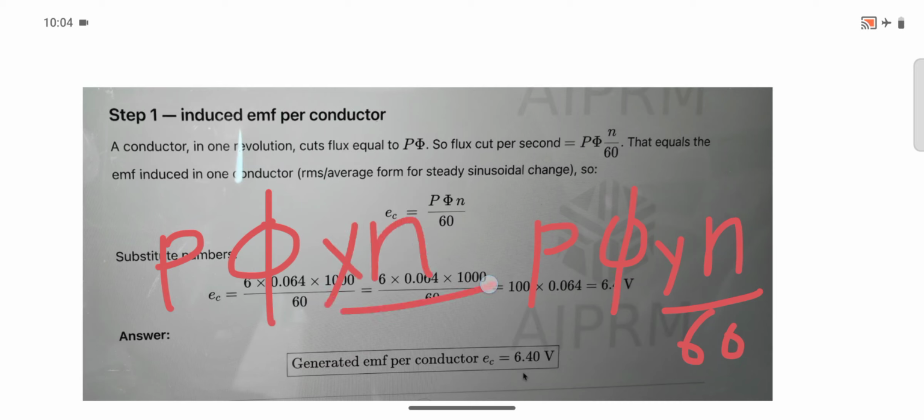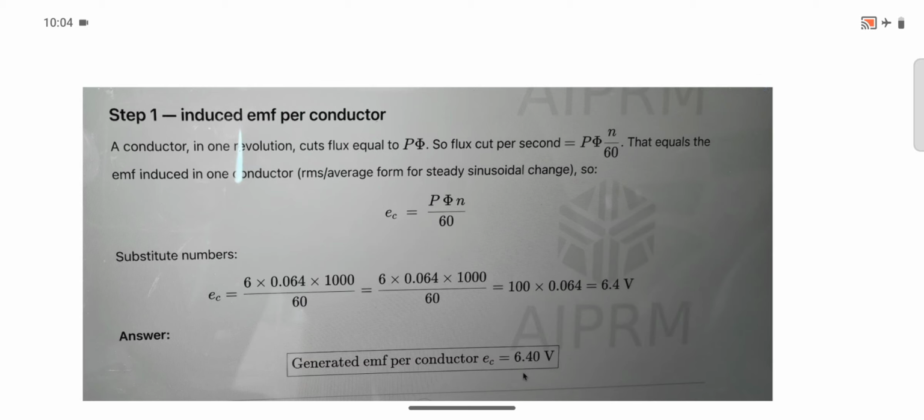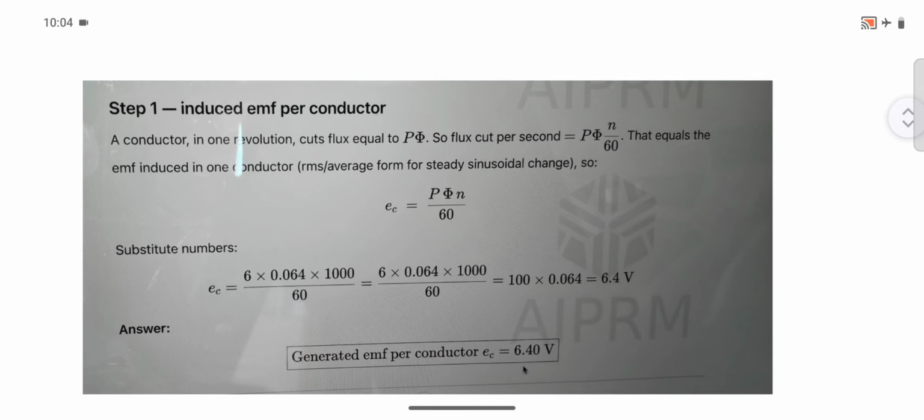The speed is given in minutes, so we have to convert it into seconds. Then that equals the EMF induced in one conductor. So this is the EMF induced in one conductor. Now we simply put the values and we will get EMF per conductor.